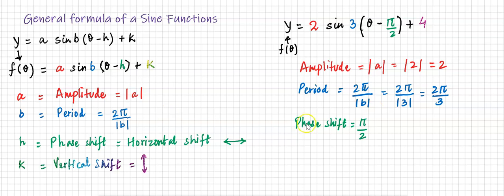Now one more thing I want to tell you here. We have a negative here: theta minus pi by 2. That means the horizontal shifting will be in the positive direction. The graph will shift to the right. So whenever there is a negative there, the graph will shift right.